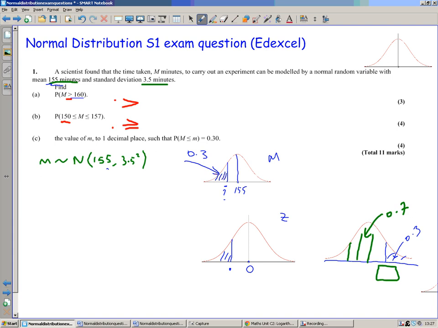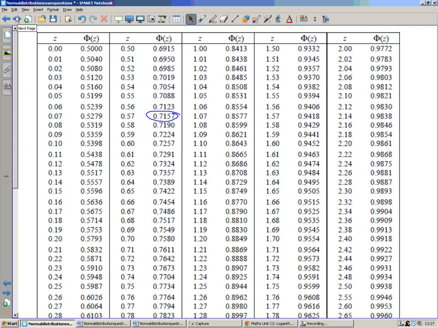So what we need to do is go to the tables, look for 0.7, the closest, and remember we're working backwards. We've got an area, a probability, and we want to find what the z number is. So go to the one that's closest. You do not need to interpolate, even though it looks like it's halfway between these two. You could say it's 0.525, but you don't have to.